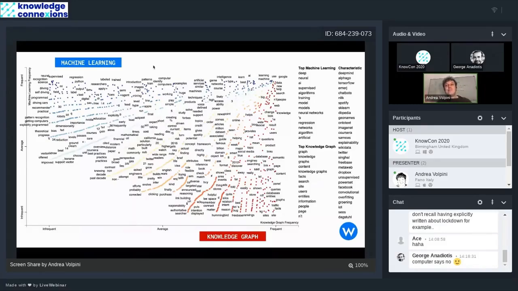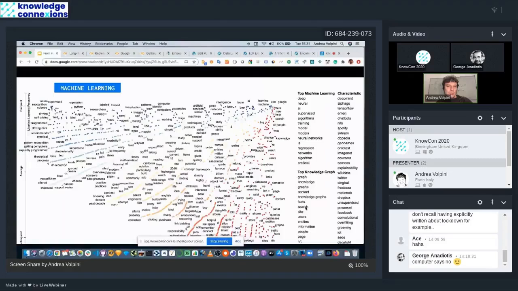Some entities are characteristic of both, and one of the sponsors of this conference will be happy to know that Ontotext is one of these characteristic entities that pops up when we analyze the corpus of text of these two queries. These are the things that characterize the corpus: these are the concepts related to machine learning, and these are the concepts related to knowledge graph.